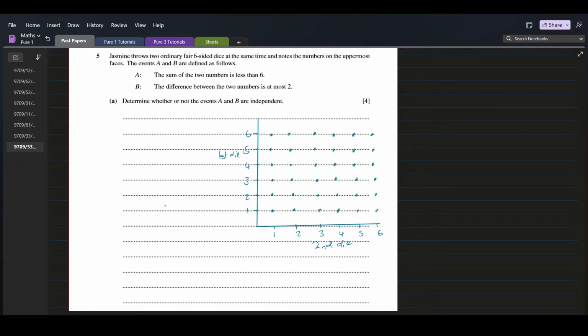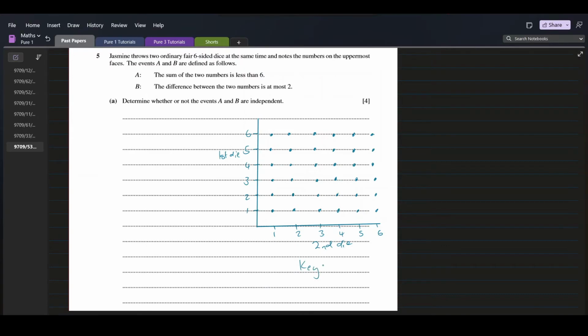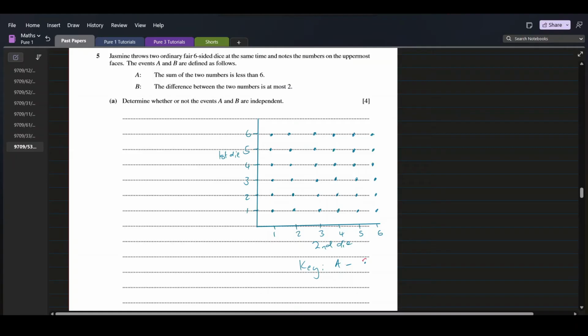Okay, now we have to evaluate event A. We'll represent that in red. In fact, let me write a key first. So our key will be that event A is a red circle on top of a blue dot. So we want the sum of the two numbers to be less than 6.